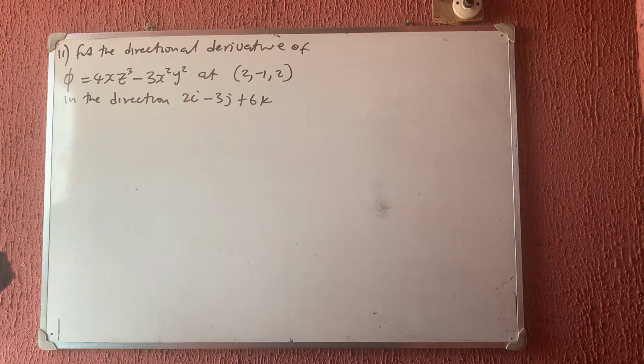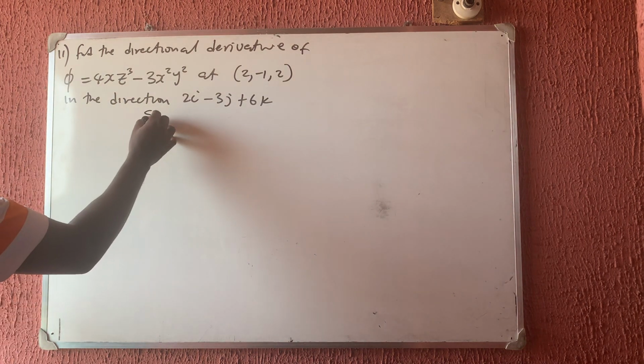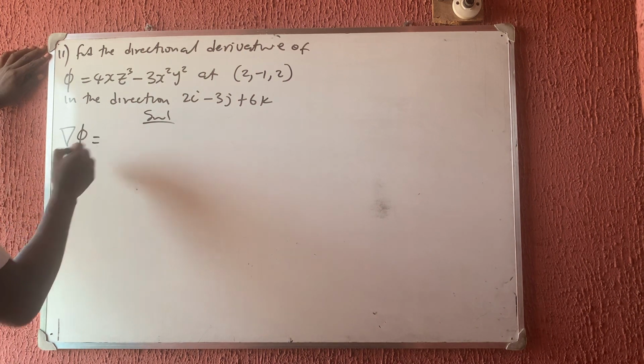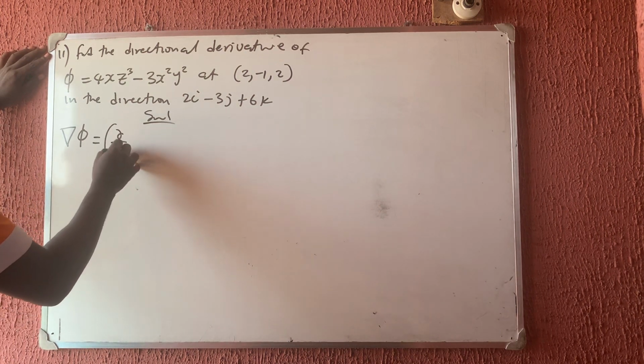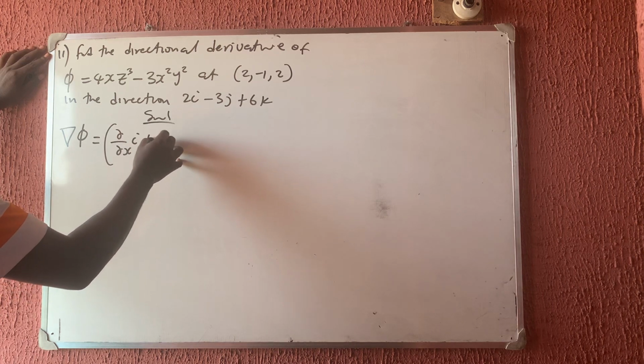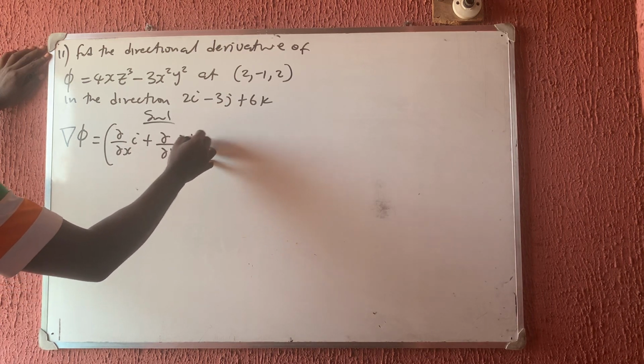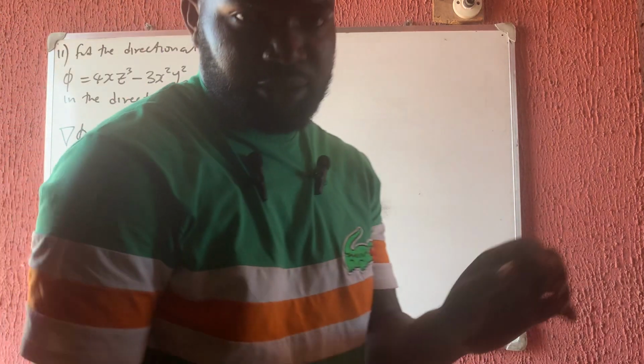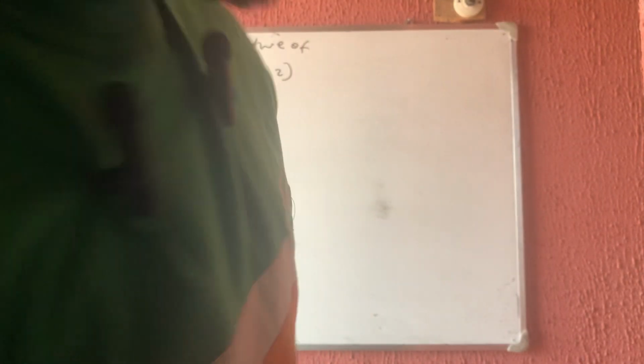Call this del phi, sorry, because it's a scalar. So we have to find del phi, and del phi will give you partial x i plus partial y j plus partial z k. Let me even check if my this thing is still going. Okay, still moving.